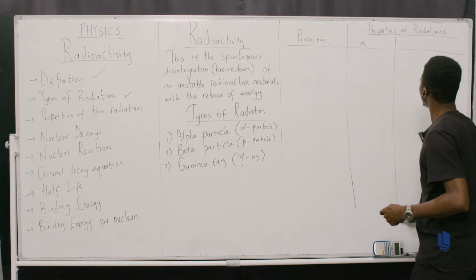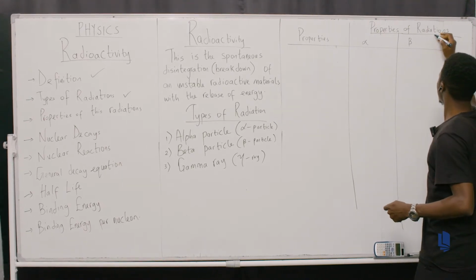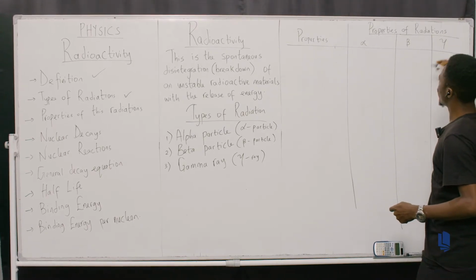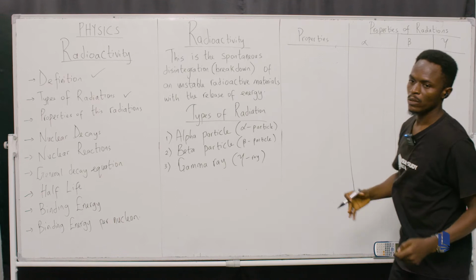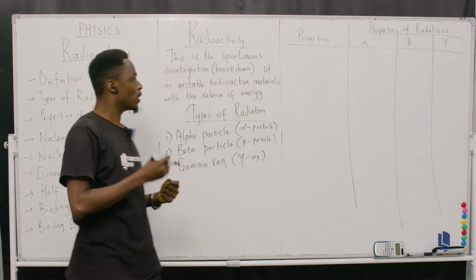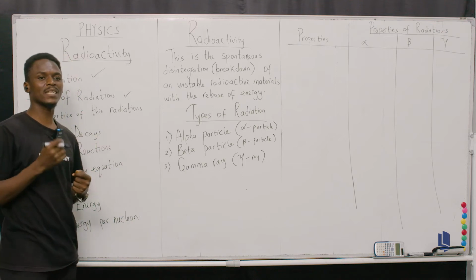Alpha, beta, then we have our gamma. So let's start with the common, frequently asked properties. The common and frequently asked properties.